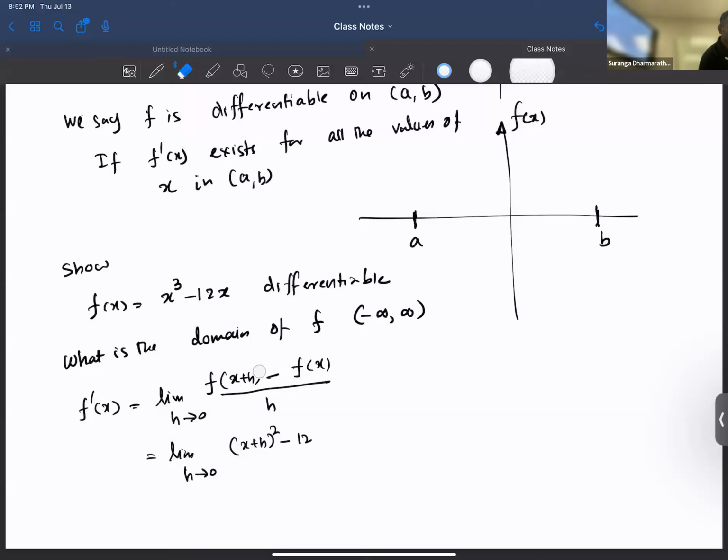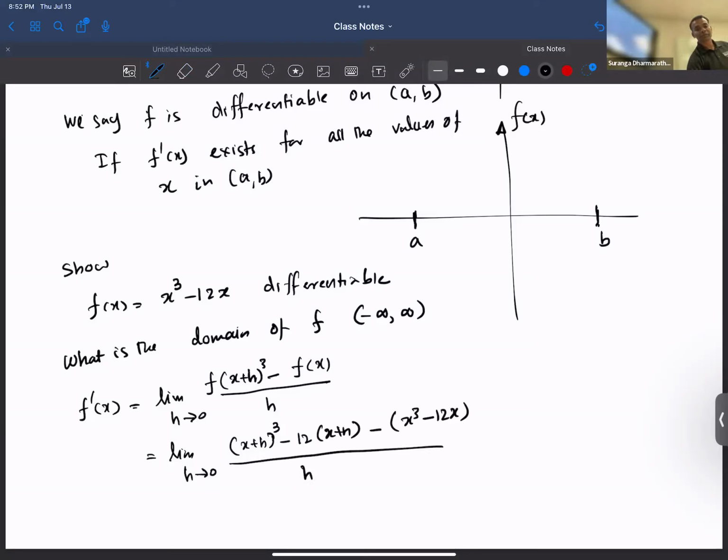It's a cube, and this is a cube. So x plus h cubed minus 12 times x plus h, minus x cubed minus 12x, divided by h.